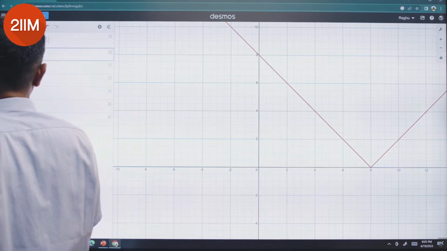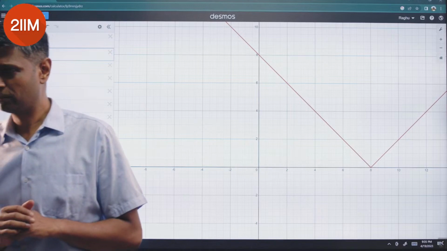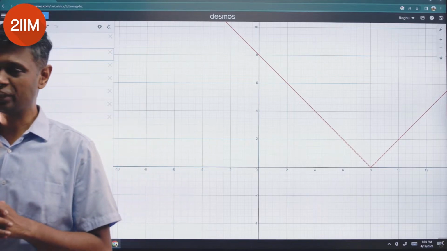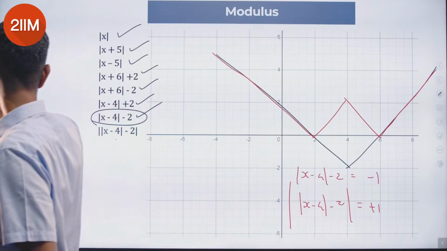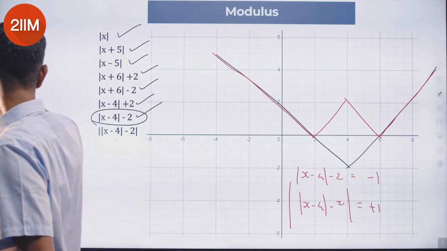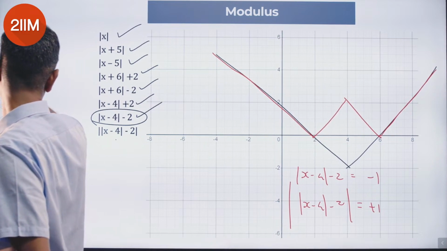Modulus of x minus 4 minus 2. Don't worry, we have the diagram. Maybe I think all of you have said W. That is correct. I'm going to go back to my picture here. For some reason, I'm not able to plug it into Desmos the way I want to.